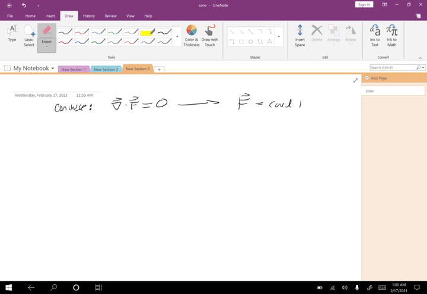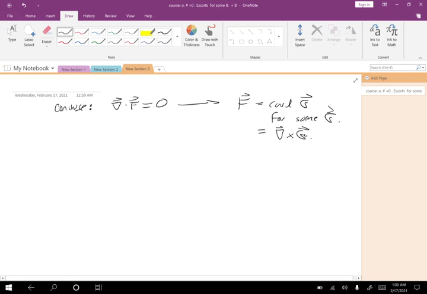It's a curl of G. There's actually a G. I can't use little f because little f should be a function, right? So it actually means that there's a curl of some G. So in other words, f is del cross G for some vector field G. And we actually call such things, f is then called solenoidal. It's the counterpart to irrotational.